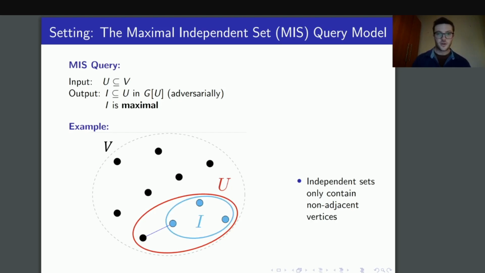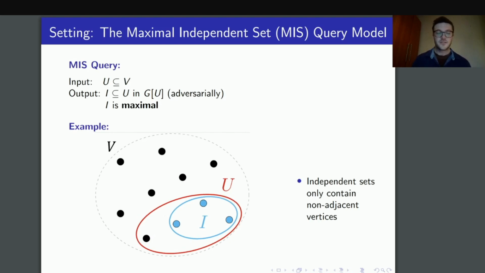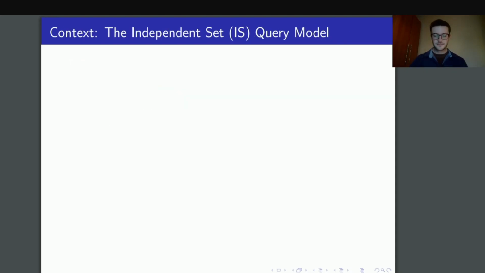So it might, for example, return this independent set, and as the player, this is what we would see returned from our query. Now note that for this excluded vertex in our queried subset, we know it must share an edge with one of the vertices contained in the independent set. But from the player's perspective, it is not certain which of these vertices shares this edge.